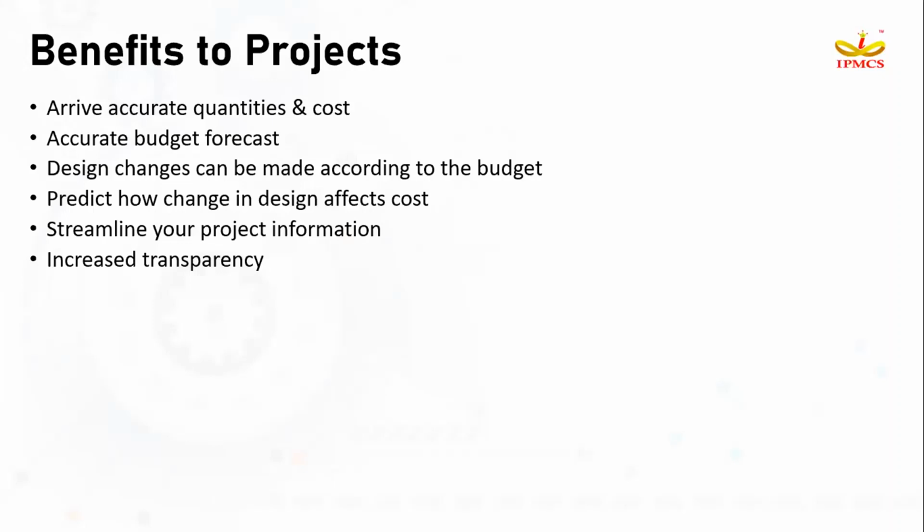In addition, we can also have costing for different scenarios with the different design changes. That is how we can predict what happens when a particular design is changed and what the effect on cost will be. With all these, you can streamline your project information, and you can have increased transparency in your project.